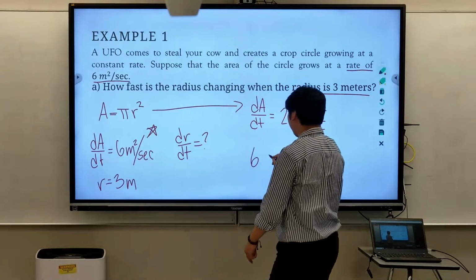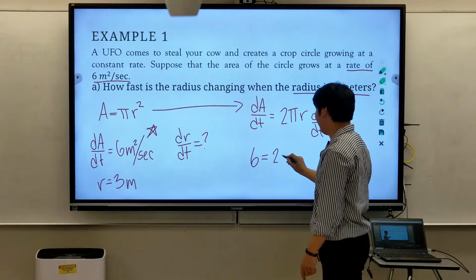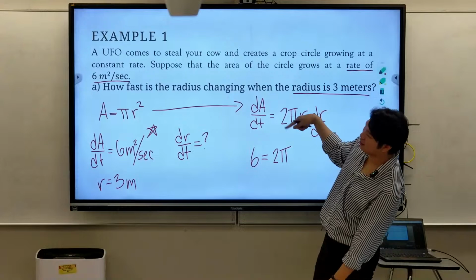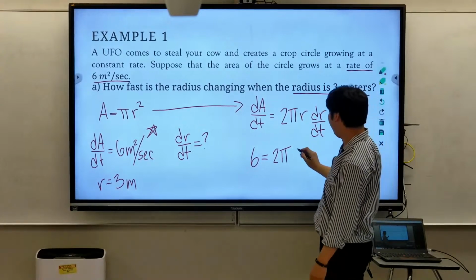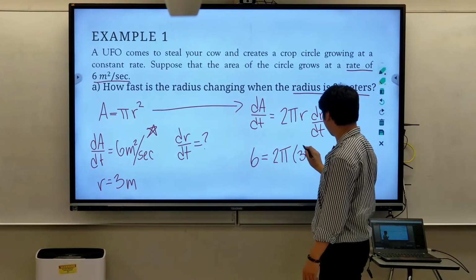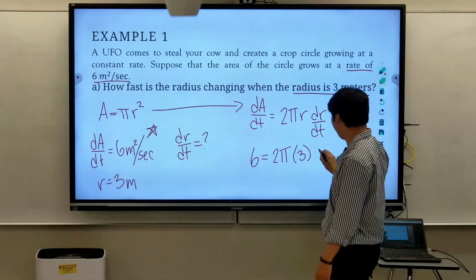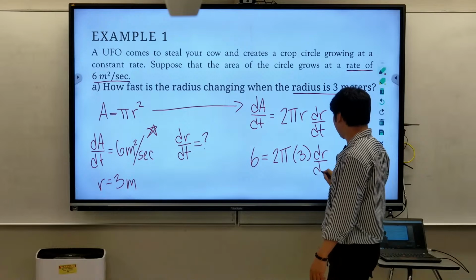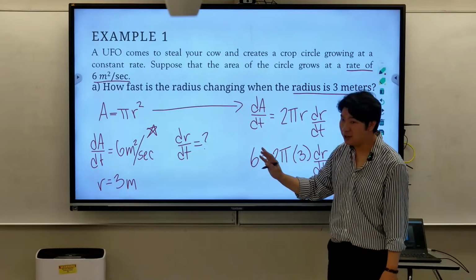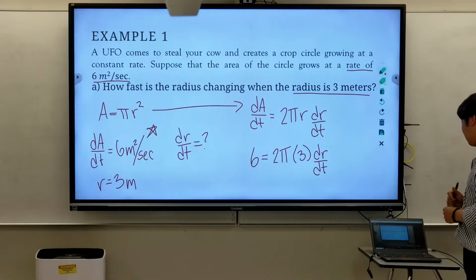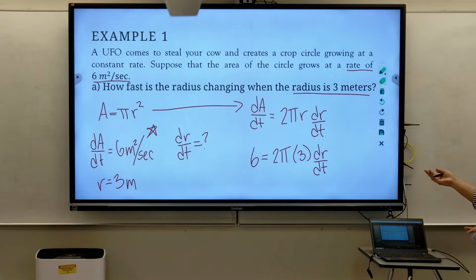We know what this is. That's 6. This is 2 pi. What's my radius at the moment that I'm looking at? Yeah, when radius is 3. And then I want dr dt, so I'm going to leave that alone. There's a couple things I haven't mentioned yet that I'm going to try to clarify after we get the solution, by the way. So now I have to solve for dr dt.